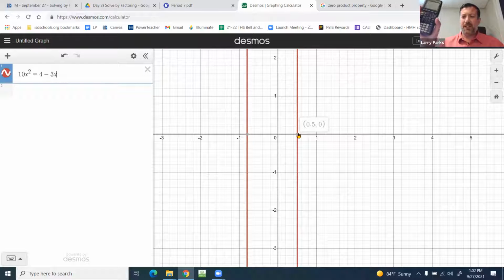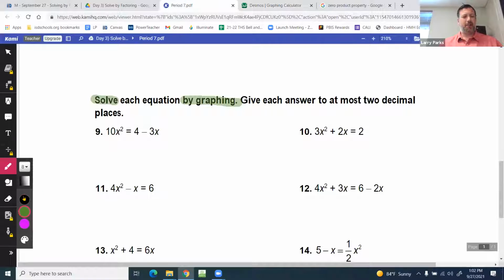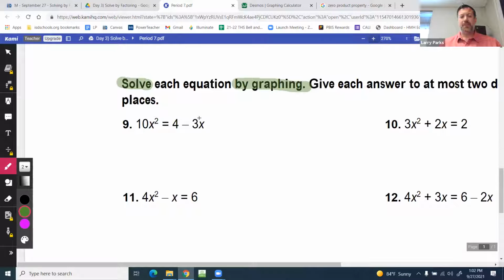Now, if you use something like this, you need to put it in standard form. And what does it mean to put in standard form? What that means is, you move things over. So you would move this over to the other side. That makes it a plus 3x. Move this to the other side. That makes that a minus 4.